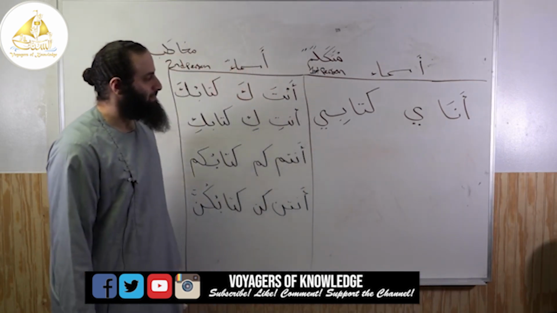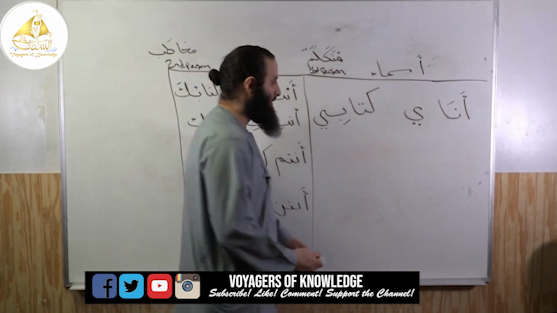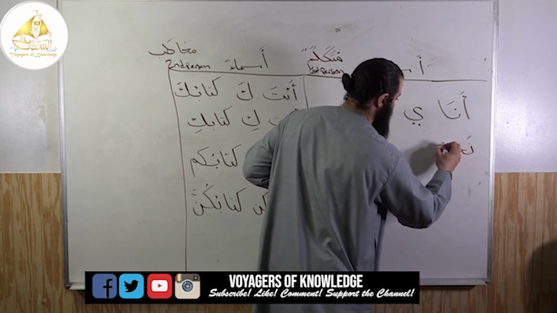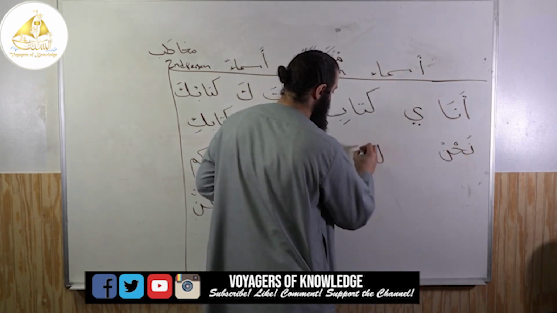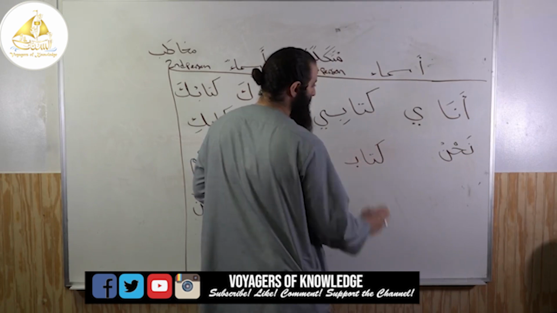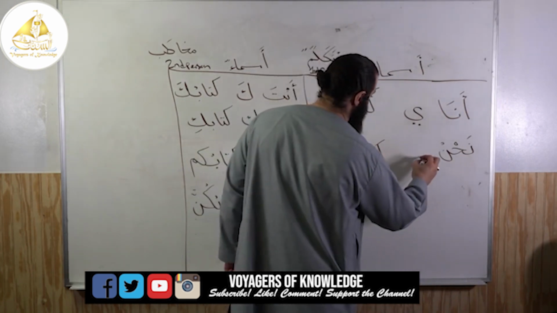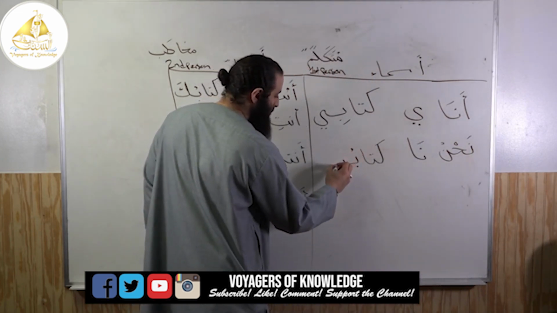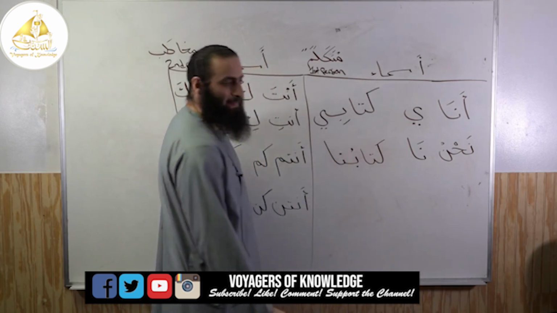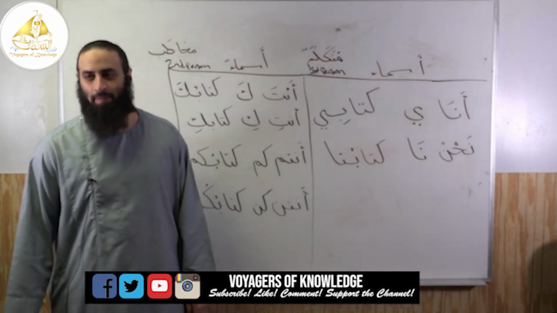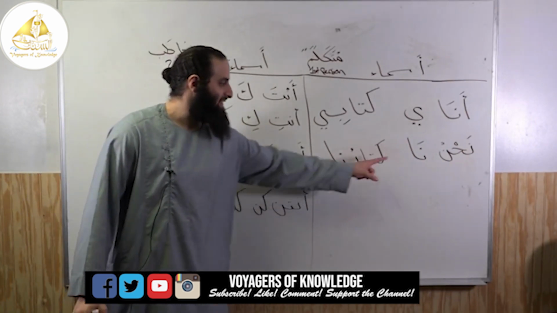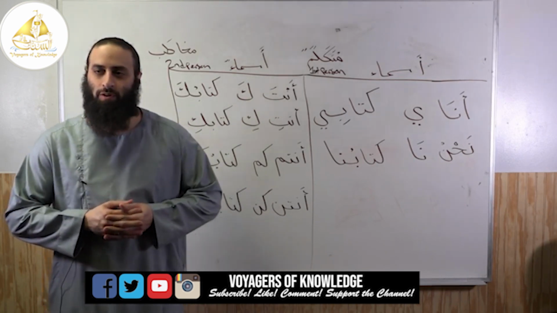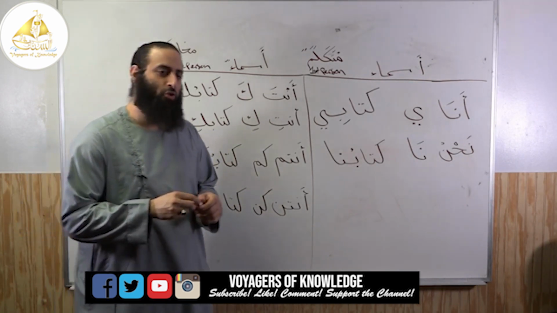All right. We're through with this. نحن. Kitabu. Na. Kitabu. Add this noon and an alif. Kitabuna. This noon alif needs to be there. What if I add a short noon? A short kitabuna.